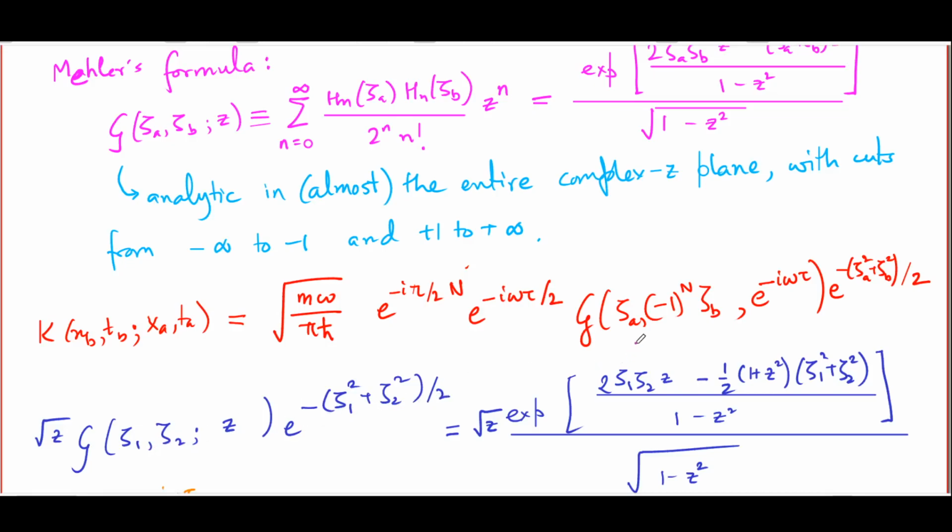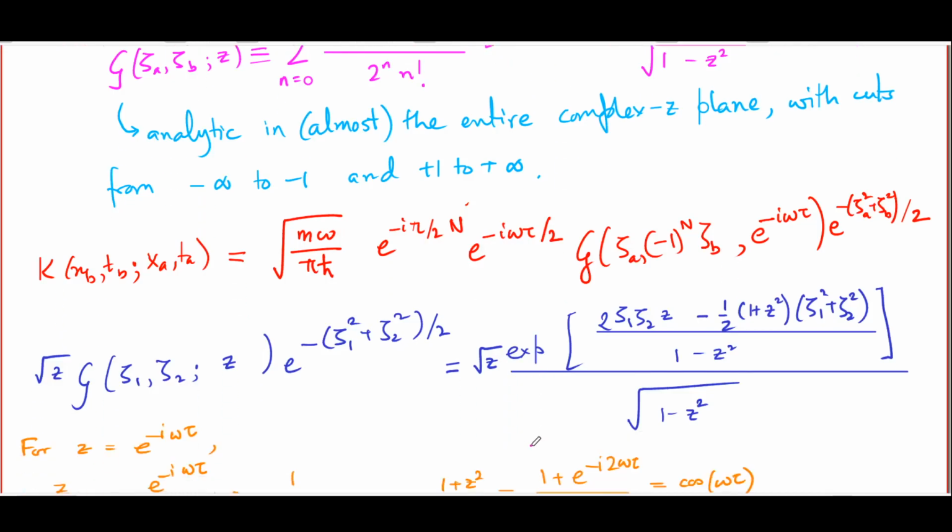Here, of course, zeta 1 and zeta 2 are going to be zeta A and minus 1 to the capital N zeta B. Of course, squaring that will still give you zeta 2 square. This is, of course, the same expression as the one we had a while ago, except for the fact that you have an extra factor of root z.